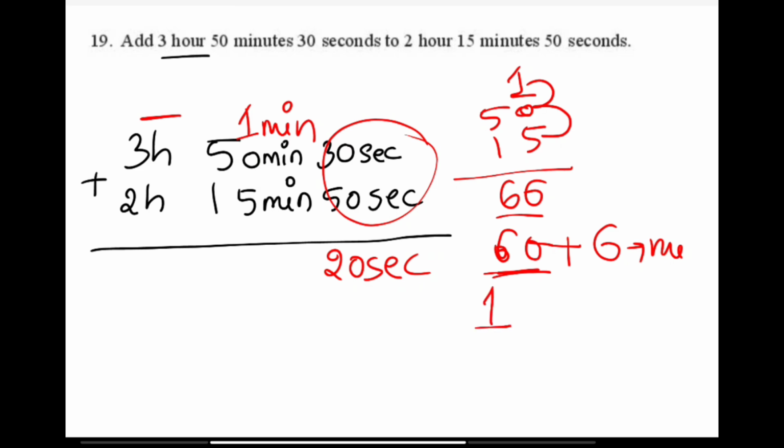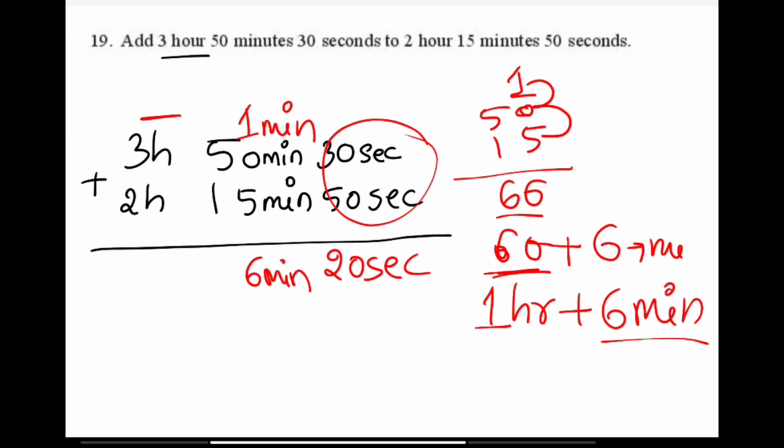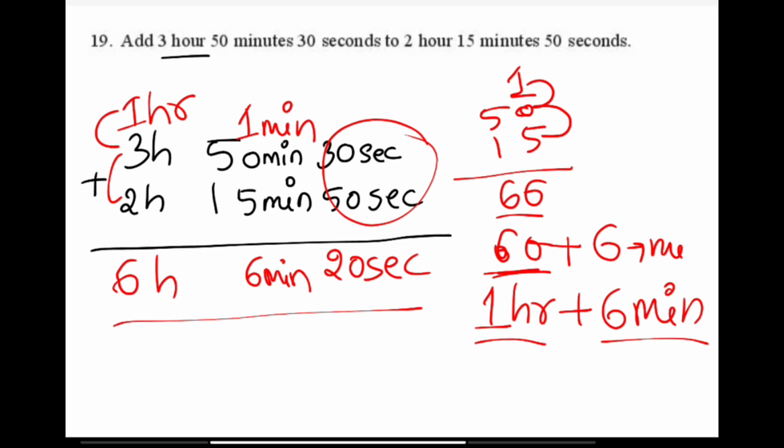So we'll write 1 hour plus 6 minutes, and this 1 hour will carry over here. Now let's add it here only. 1 plus 3 is 4, 4 plus 2 is 6, right? So 6 hours. So what is our answer? 6 hours 6 minutes 20 seconds. This is how you have to add, children.